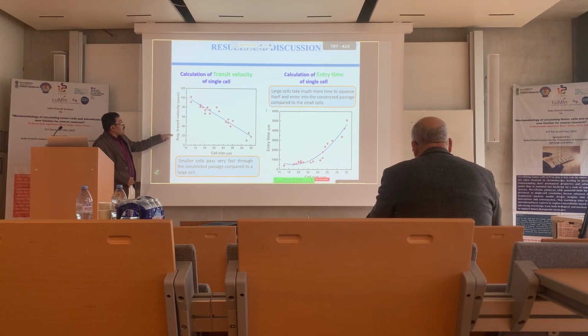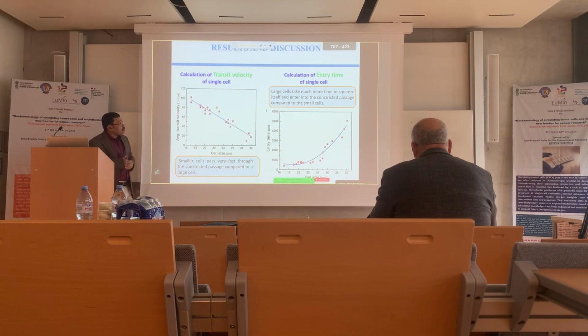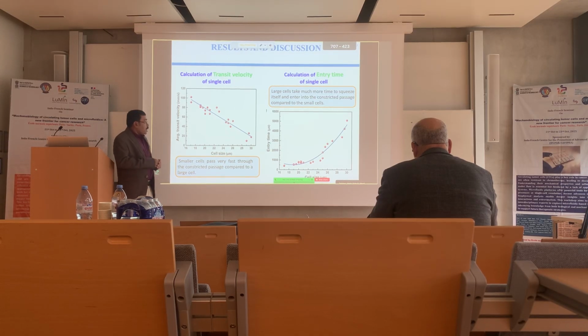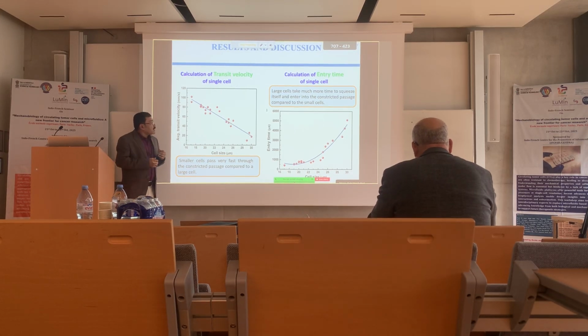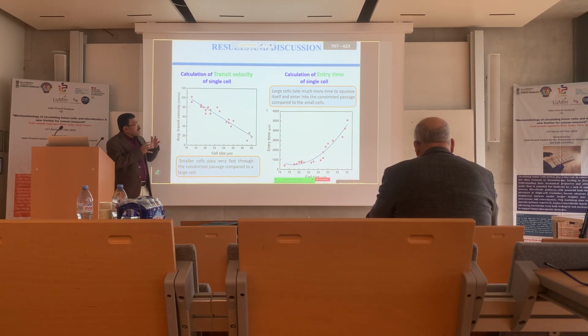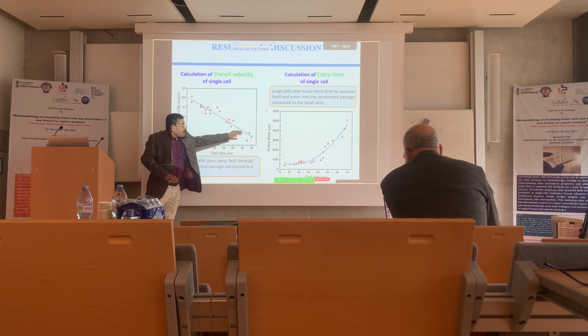From there, we have seen the average transit velocity when the cell is passing through the constricted passage. When the cell size is very small, it passes very easily through the constricted passage, so velocity is high. But when the cell size is larger, it takes more time to enter the constricted passage, then slowly passes through, so its average transit velocity is lower.